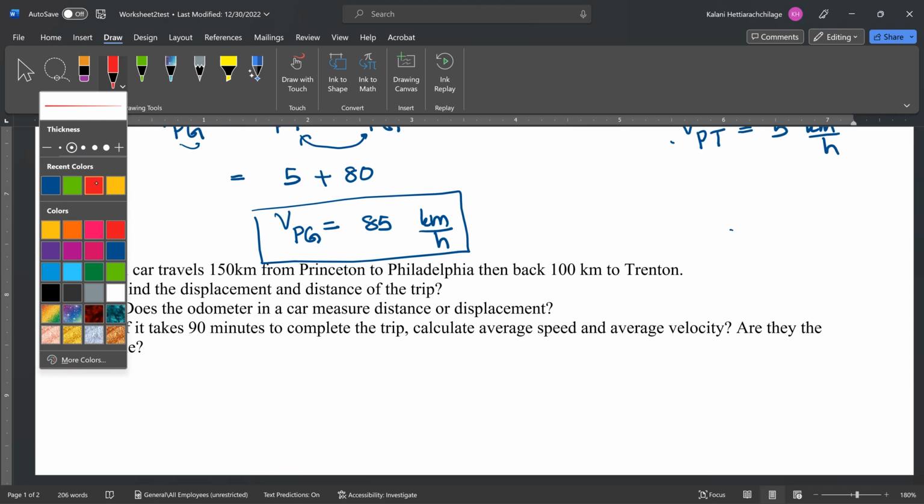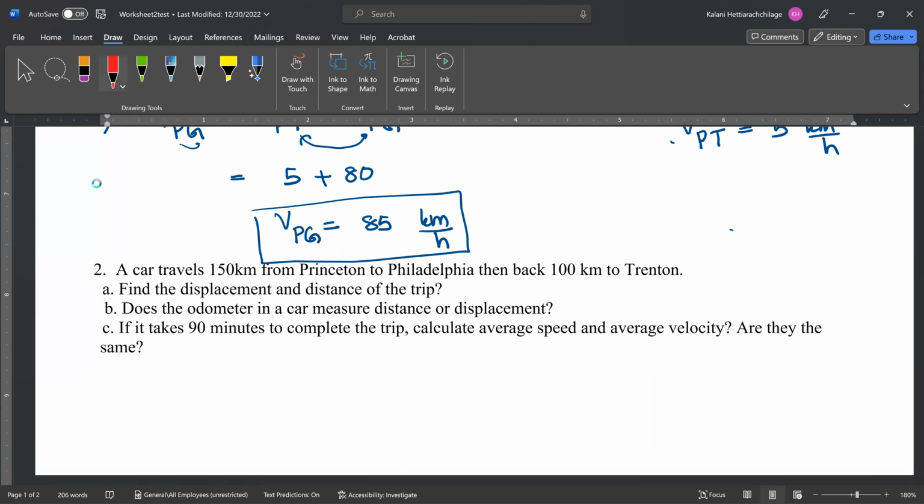Okay, so now a car travels 150 kilometers from Princeton to Philadelphia, then back 100 kilometers to Trenton. Find the displacement and distance of the trip, because I want you to understand these two are different. That's why I'm asking you to calculate this, right? So part A is asking you to calculate the displacement.